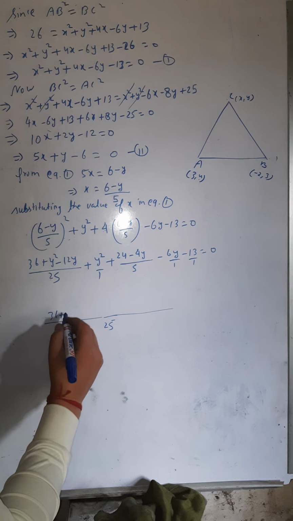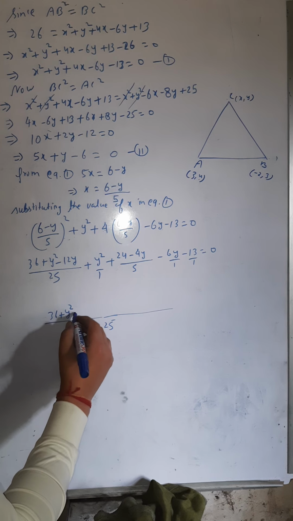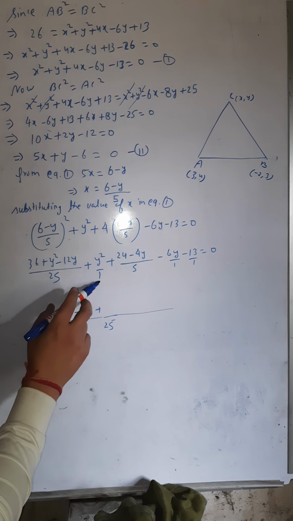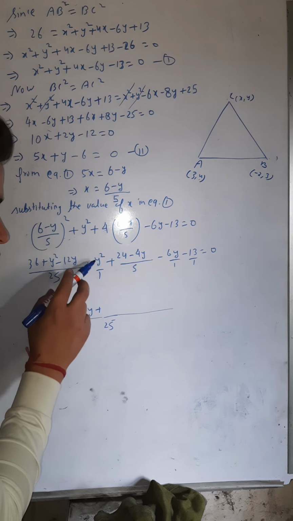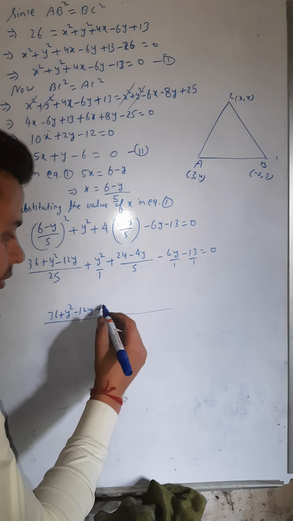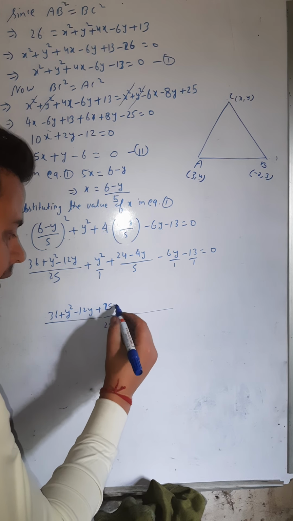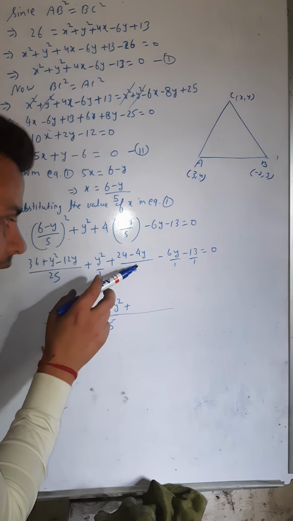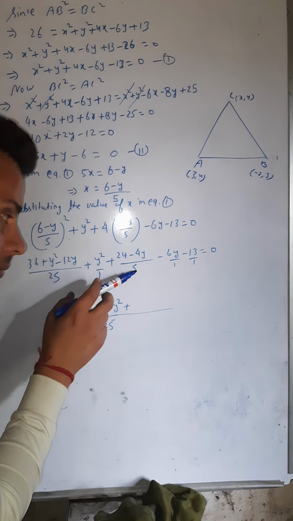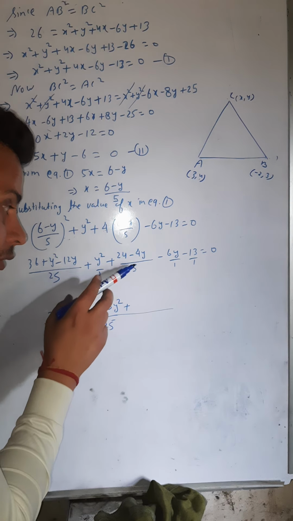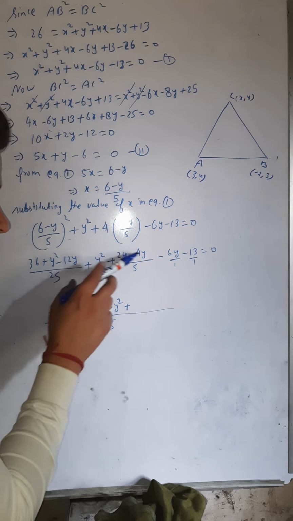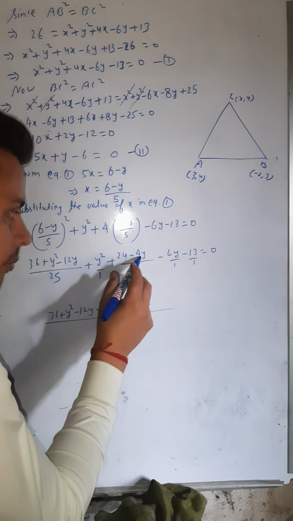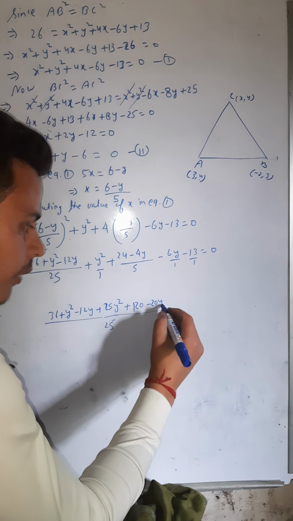36 plus y square minus 12y. Here for making it 25, I will multiply by 25, so upside also by 25. So it will become 25y square. Here also to make it 25, I will multiply down by 5, upside also by 5. Both I will multiply by 5. So 24 5s are 120, 5 4s are 20y.